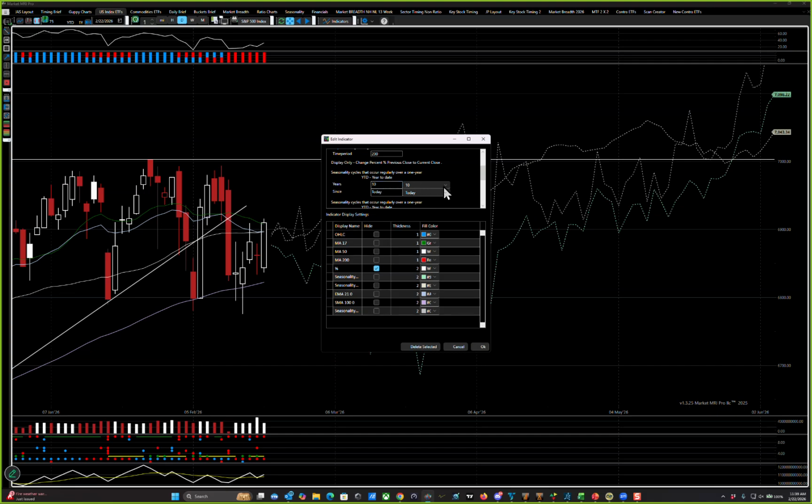And when you do the seasonality, you can pick 5-year, 10, 15, 20, 25, or all. And you can either start it from the beginning of the year or today. The beginning of the year is interesting, but it starts to map a curve that doesn't look anything like today.